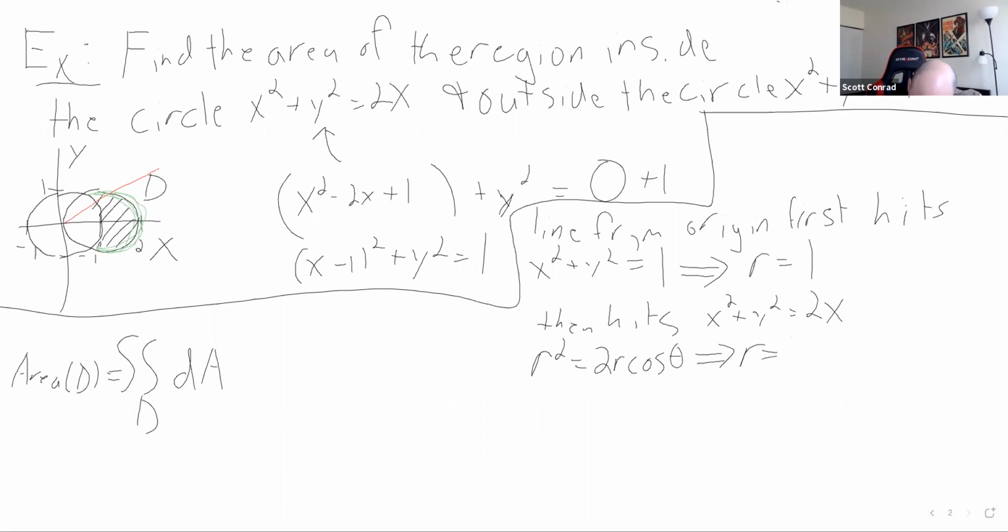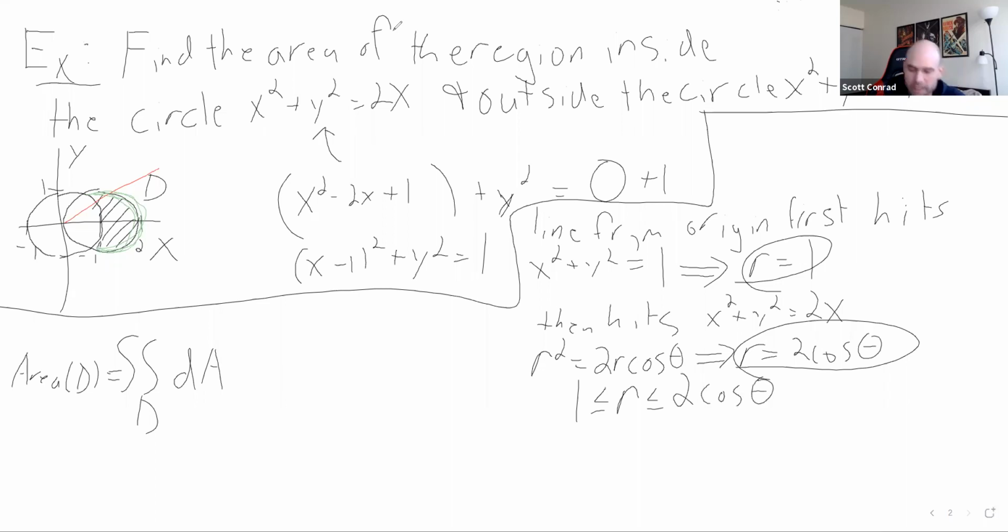So we get r equals 2 cos theta is the equation of the second circle in polar, the upper bound. So then we have bounds for r: r is bounded below by 1, and above by 2 cos theta.